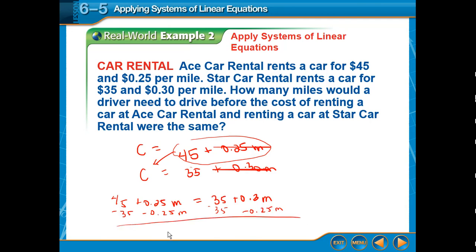When I do this, I get 10 equals 0.05m. To get m by itself, I'm going to divide both sides by 0.05. 10 divided by 0.05, m is 200. So they would have to drive 200 miles in order for them to be the same cost.